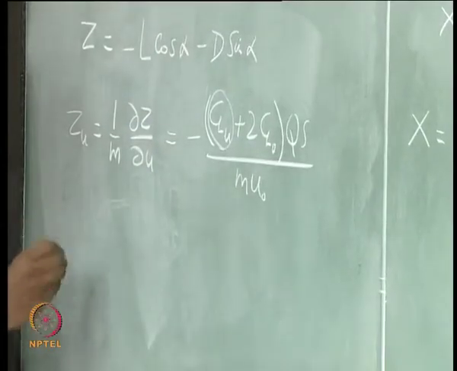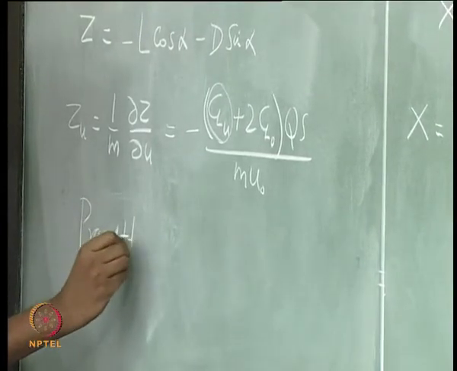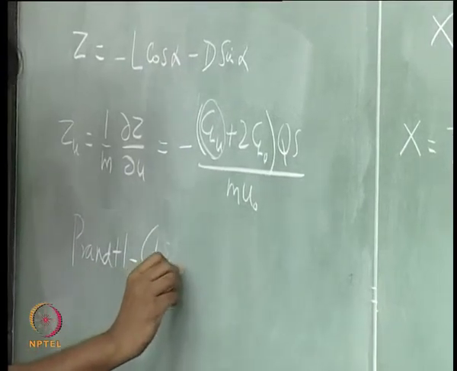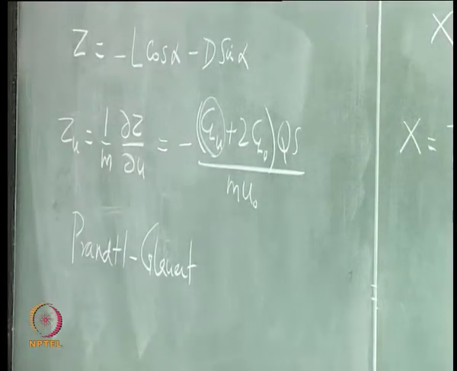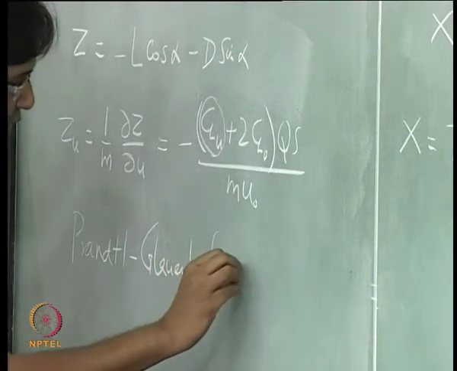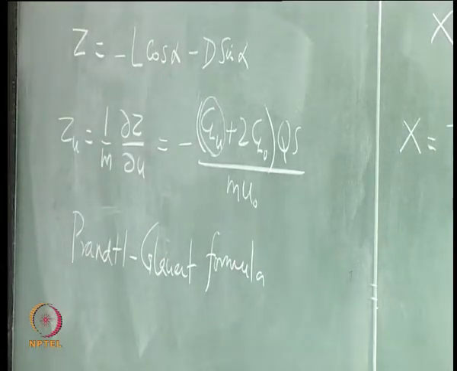So, there is a formula given by Prandtl and Glauert to account for the compressibility correction.